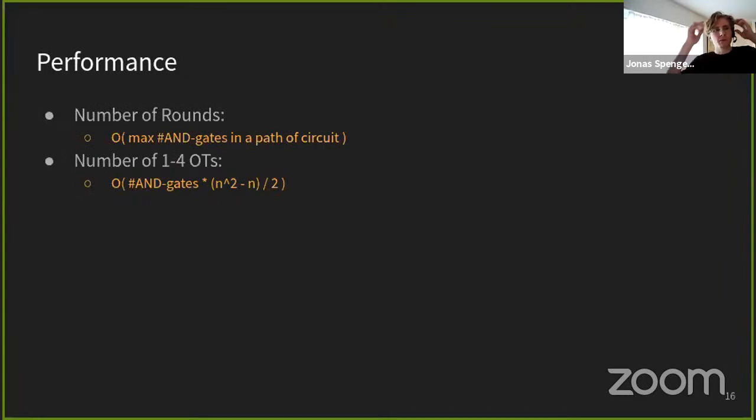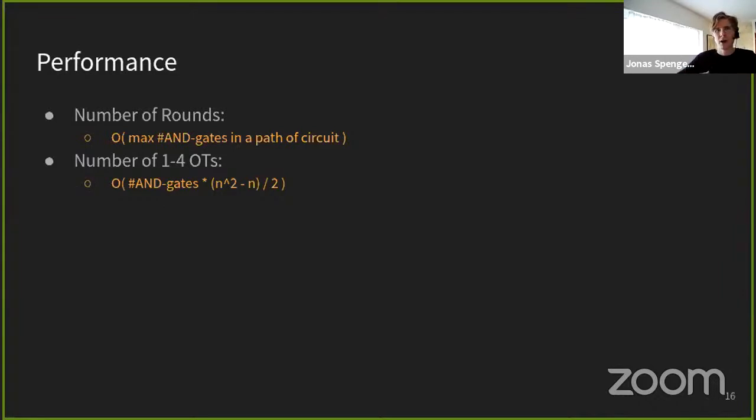So we can think of the performance of this protocol. And there are 2 important things to consider. One is the number of rounds, and the number of rounds is lower bounded by, I hope this is understandable, the most amount of AND gates in a path of the circuit.